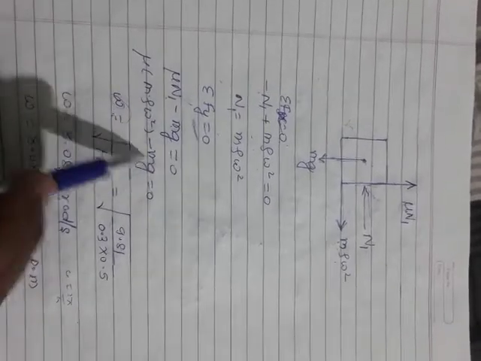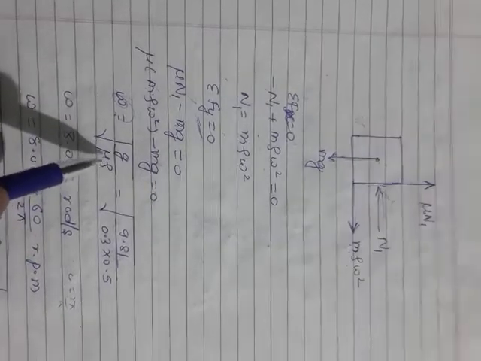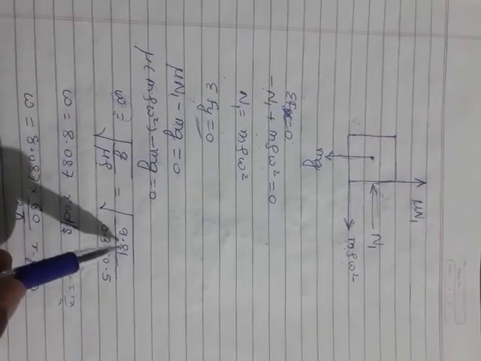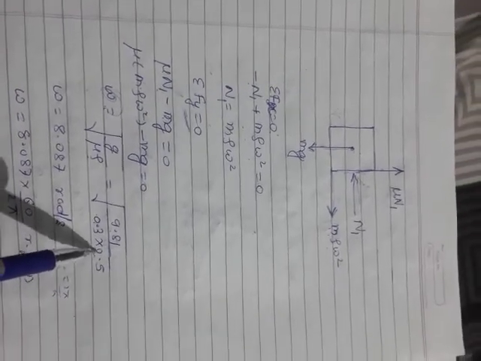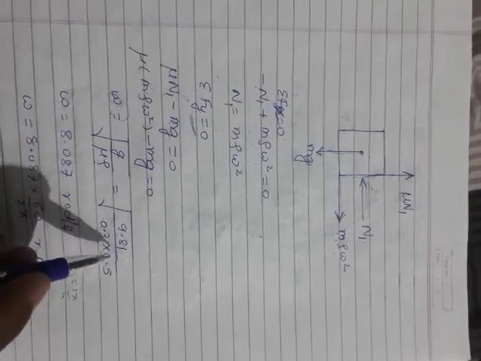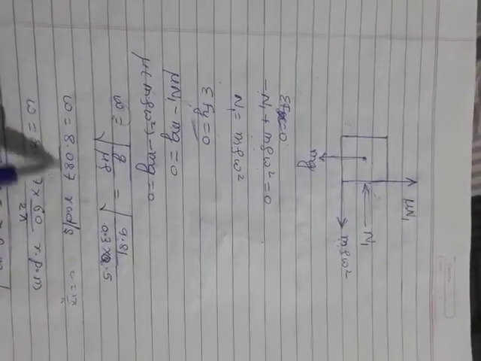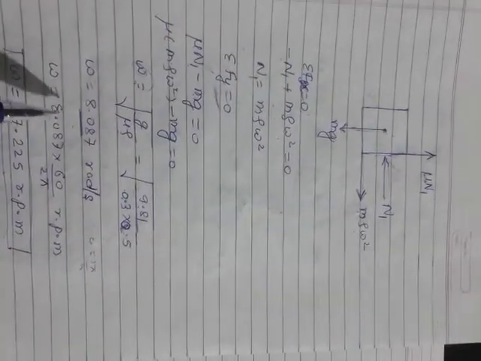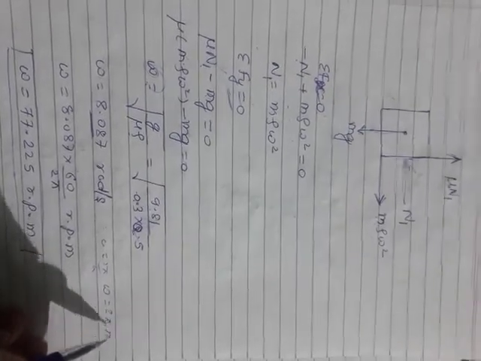After simplifying and cancelling the m here, I will get omega equal to root of g divided by mu into rho. Putting the values g 9.81, mu 0.3, and radius 0.5 meter as given, I will get omega as 8.087 radian per second. But I already know omega equal to 2 pi n.